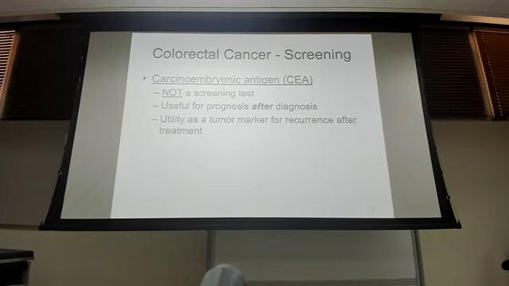Monitoring for colorectal cancer, not screening. So the slide should probably be changed. The heading, it's not a screening test. So tumor marker for monitoring recurrence.